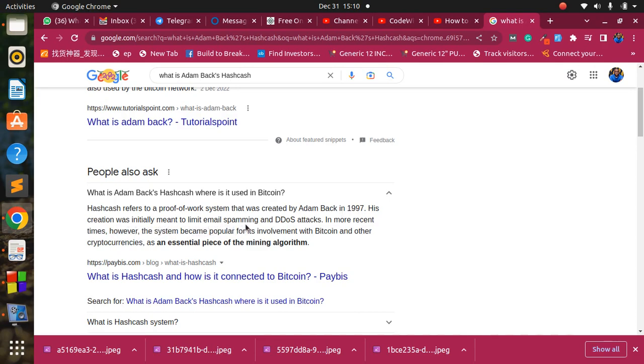If you have been receiving spam on your email, and DDoS attack means denial of service attack, it means when too many computers are trying to access your website, it just goes offline. It overloads it, it goes offline.